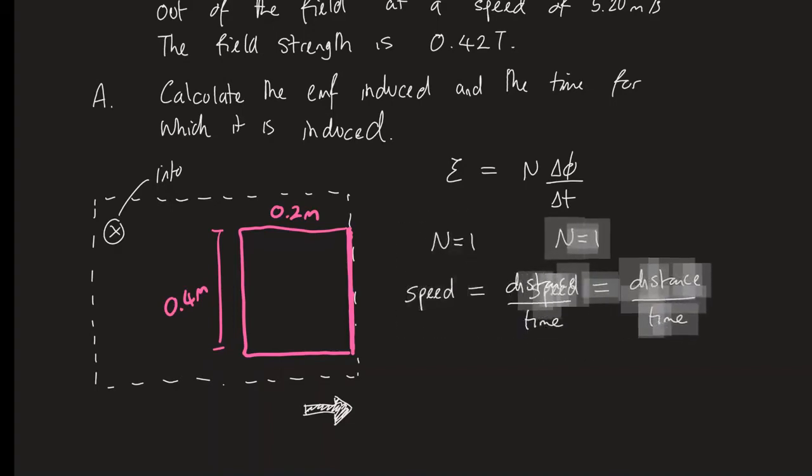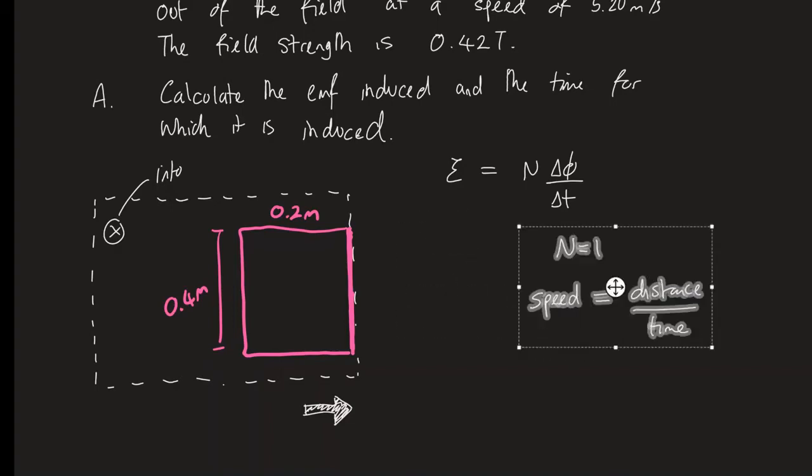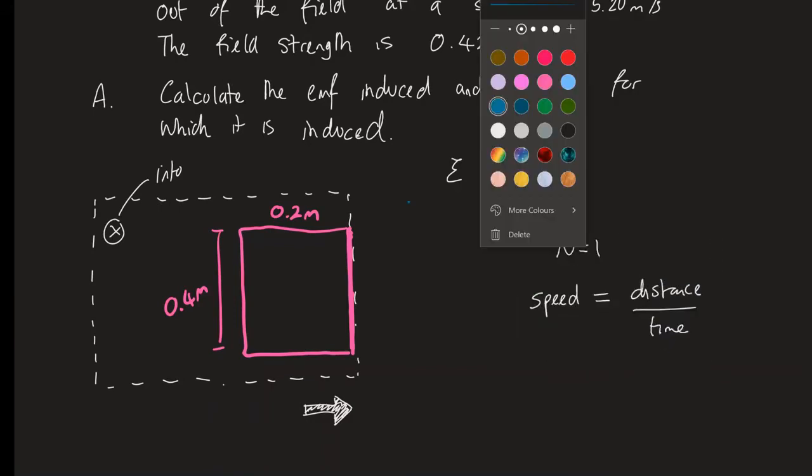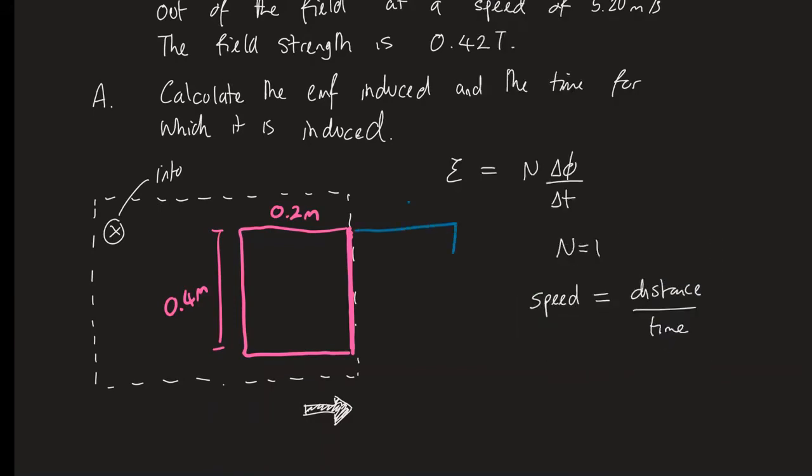Well, here we should think about the journey this has got to go through. For this to leave the field, it's got to get itself into this position. So the leading edge here, the one that I put a little bit of blue on, has got to travel 20 centimeters. In fact, the whole loop moves 20 centimeters.